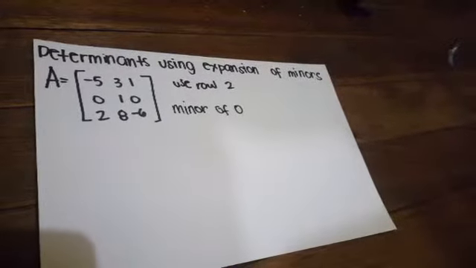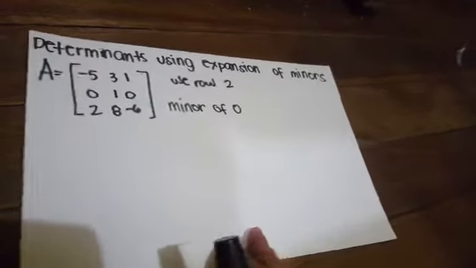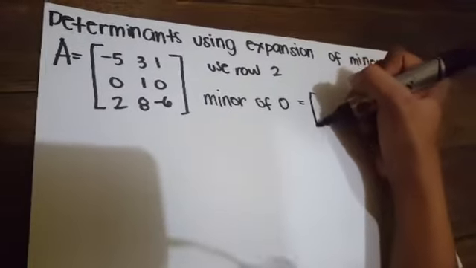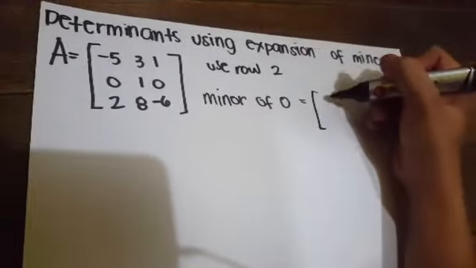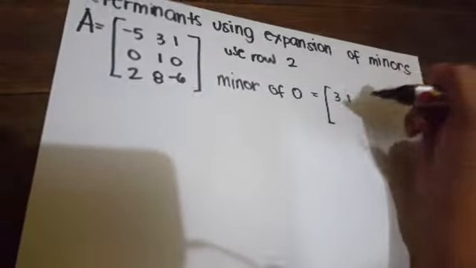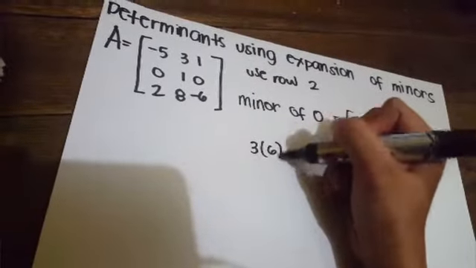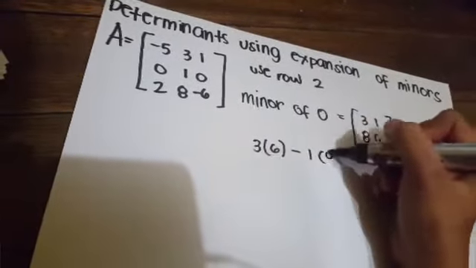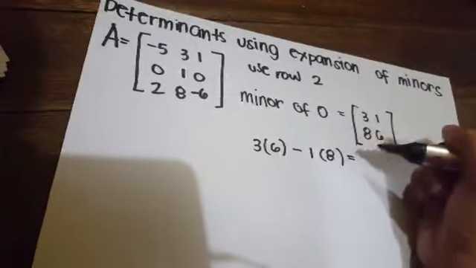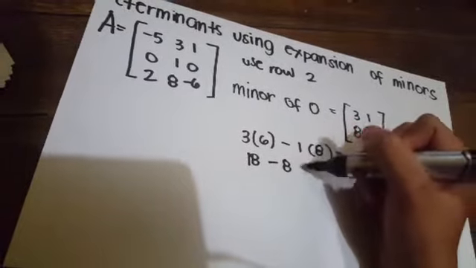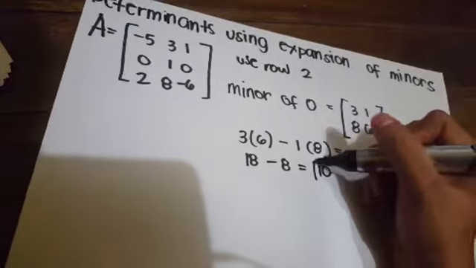For the minor of 0, the remaining entries are 3, 1, 8, 6. Cross multiply: 3 times 6 minus 1 times 8 equals 18 minus 8 equals 10.